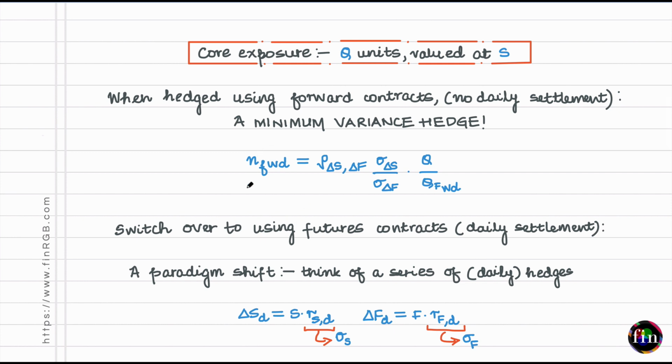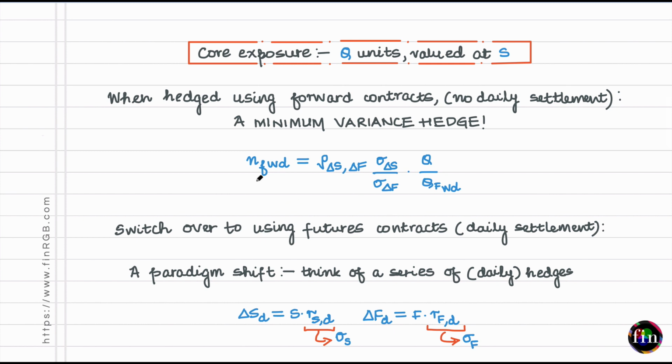This formula tells me that the number of contracts required is equal to the correlation between delta S and delta F, times the ratio of the standard deviations respectively of delta S and delta F, times the ratio of the quantity of my core position, the Q units, and the contract size of one futures contract. Here I'm using futures and forwards interchangeably. I'm assuming there's no difference between the two.